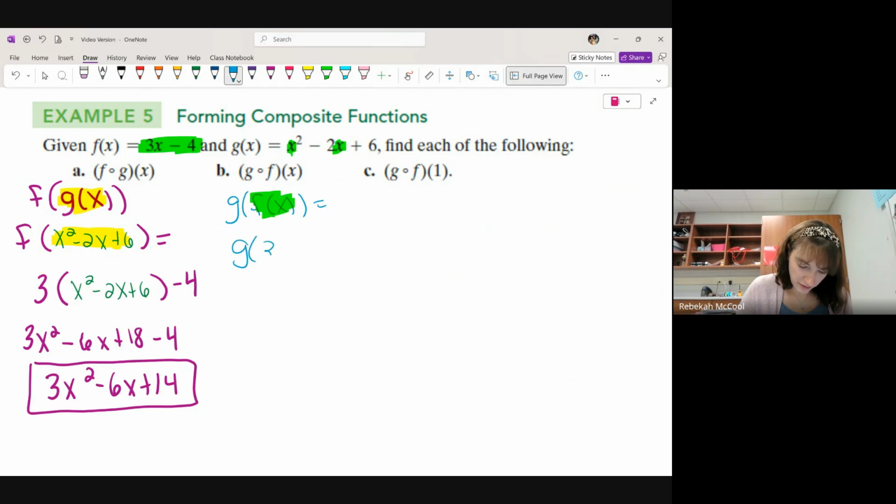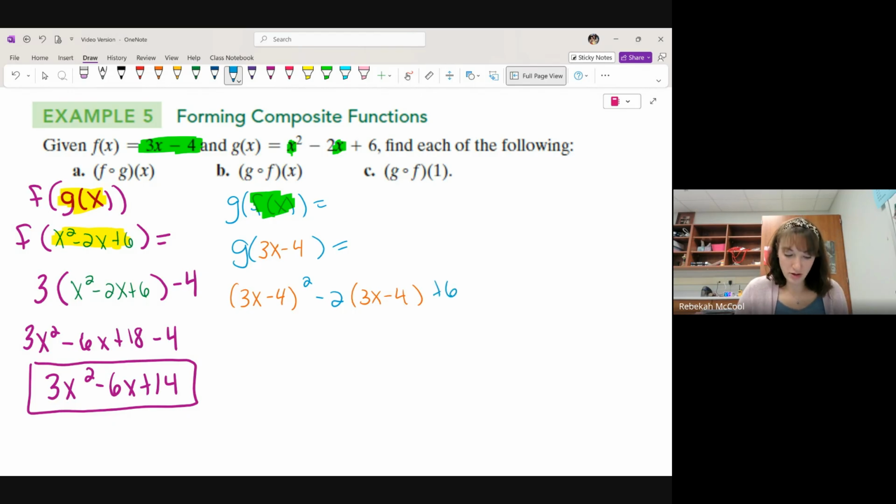So g of 3x minus 4. Okay, so function g says I'm going to take my input, which in this case is 3x minus 4, and I'm going to square that, minus 2 times my input, which is 3x minus 4, and then to that, I'm going to add 6. So just anywhere I had an x in that function, I replace it with 3x minus 4.